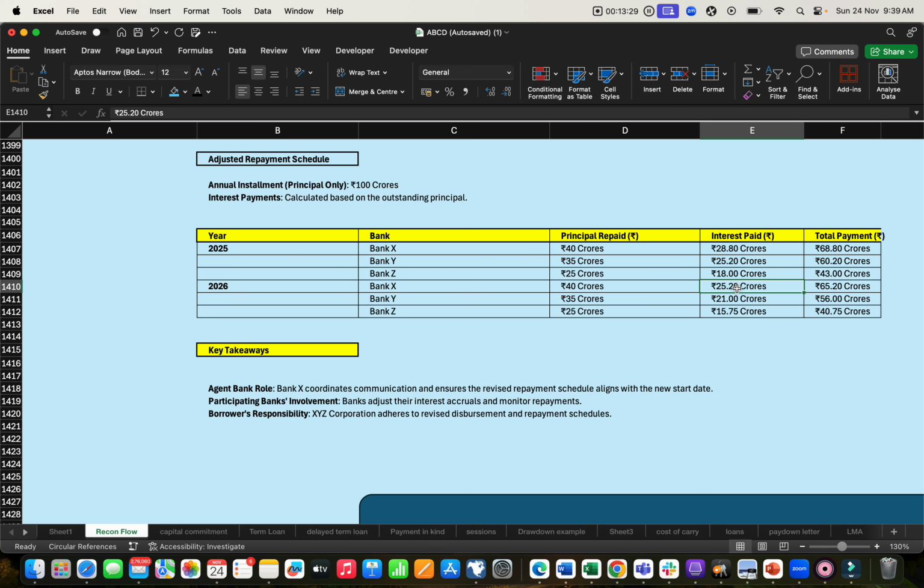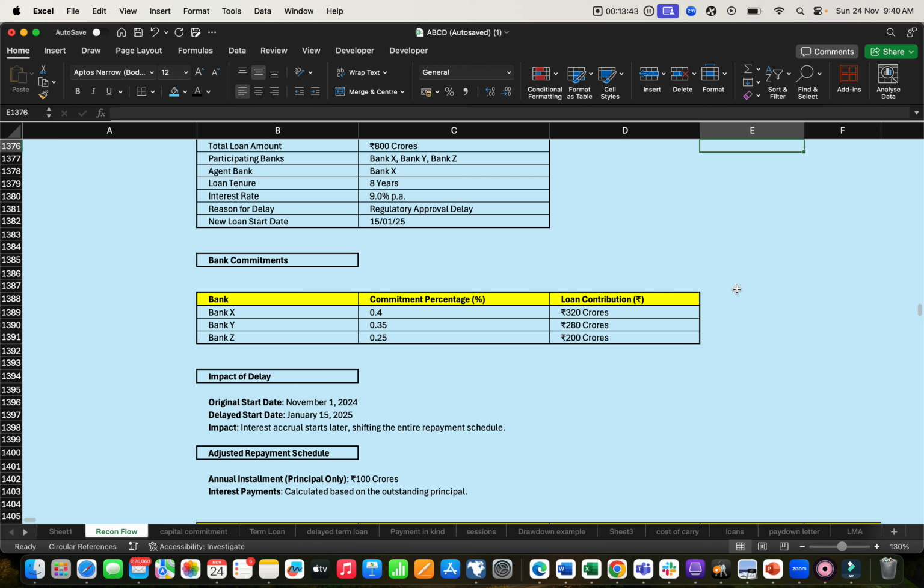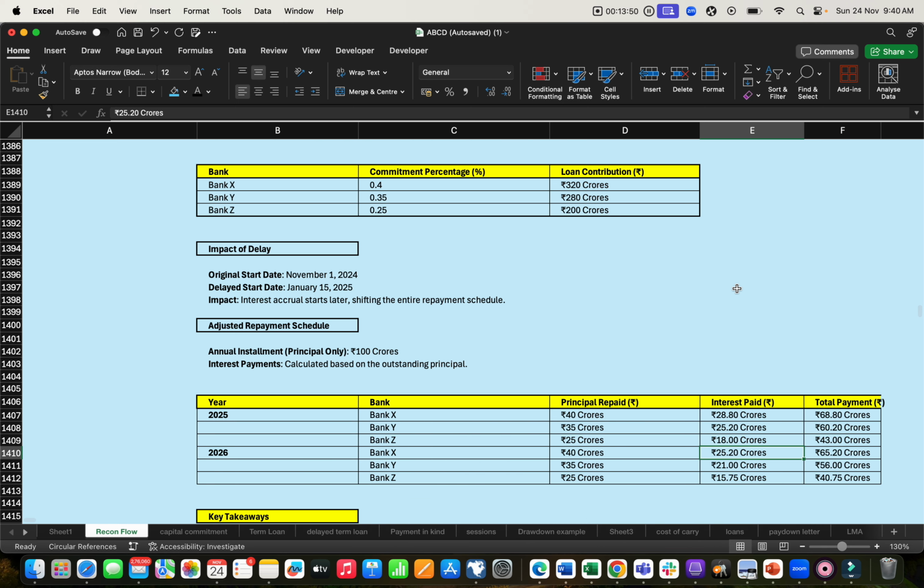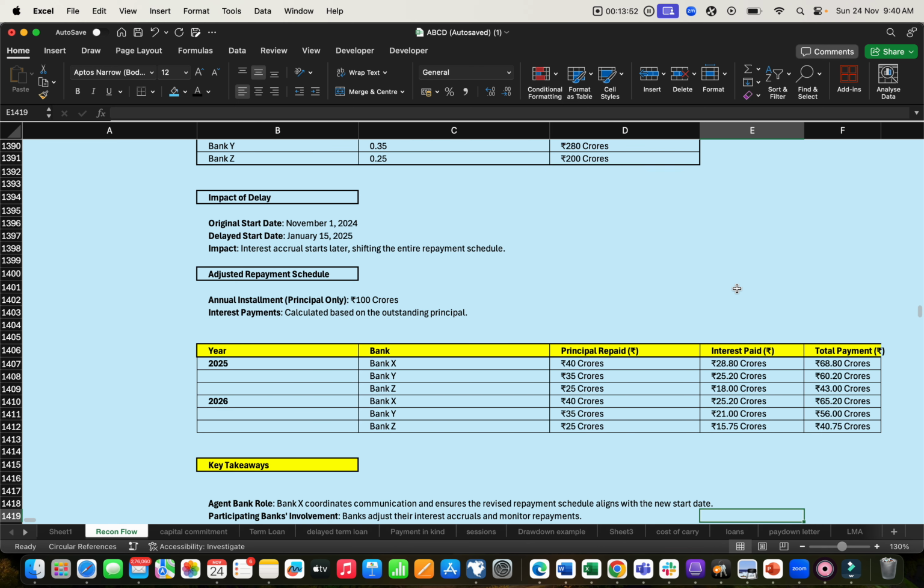Why? Because next year he has to pay interest on the 700 crore. If you calculate 700 multiplied by whatever the interest rate is, 9%, it will come to this part also. So this is how we have calculated.